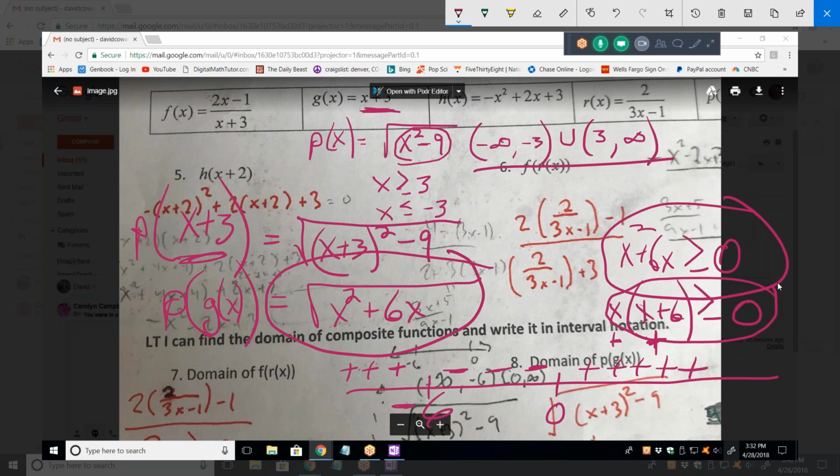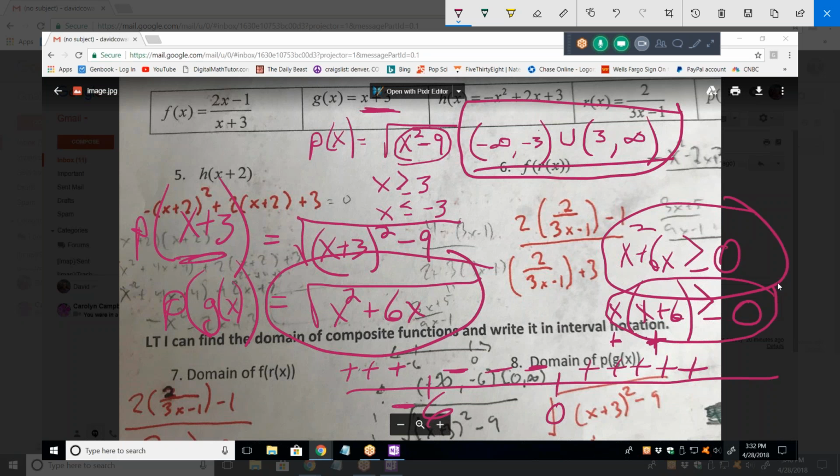So what's my domain? Can't it be all real numbers except for negative 6 to 0? Correct. Now we have to combine that with this domain up here. This domain was all real numbers except between minus 3 and plus 3.